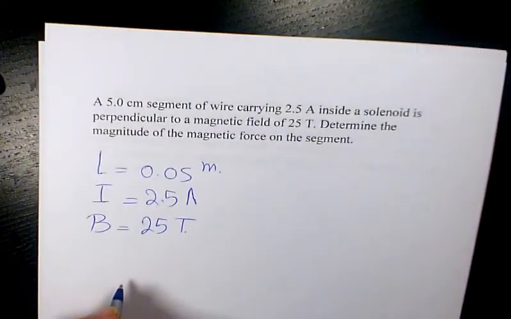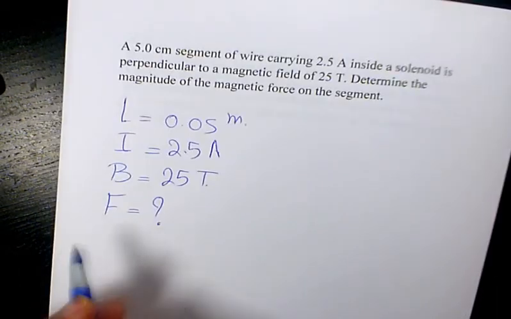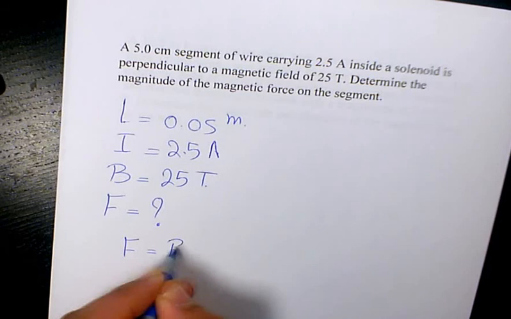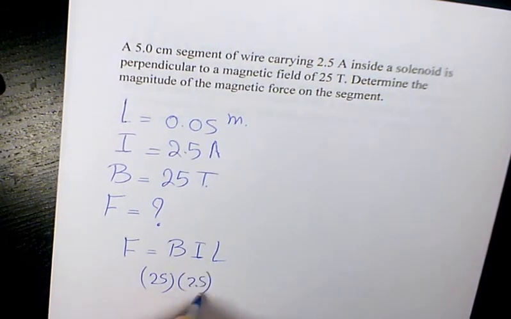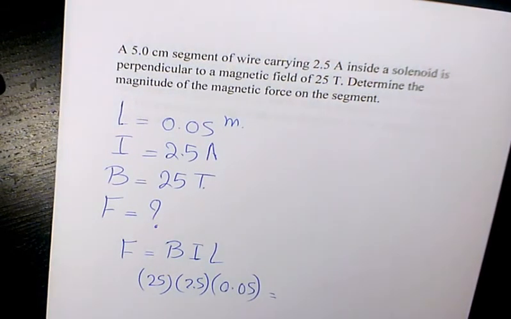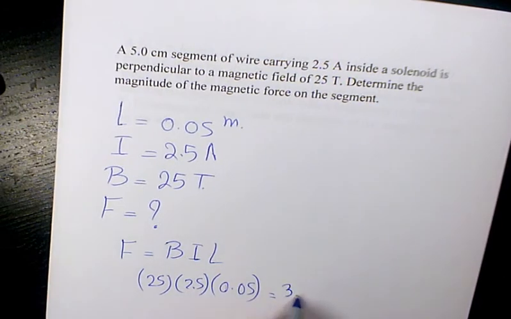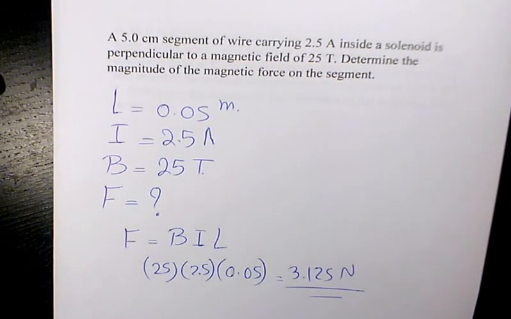Determine the magnitude of the magnetic force. So it's perpendicular, so F equals BIL, 25 times 2.5 times 0.05. That's going to be 3.125 Newton. That's the magnetic force for this example.